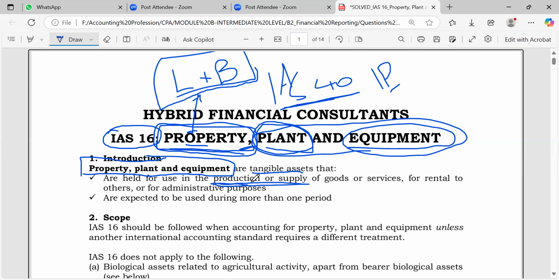That's why you are told: for use in production, this is number one, or supply of goods or services. When you go and supply the goods, of course, but also for rental to others, or for administrative purposes.